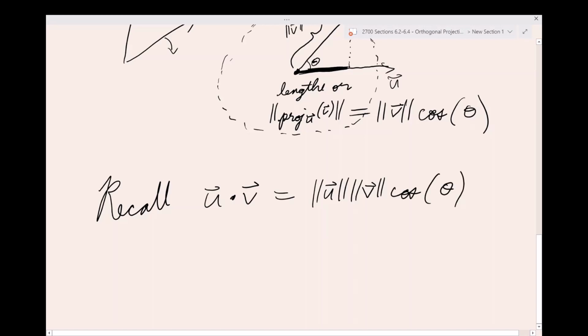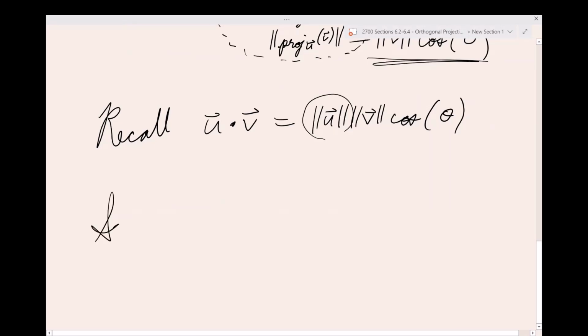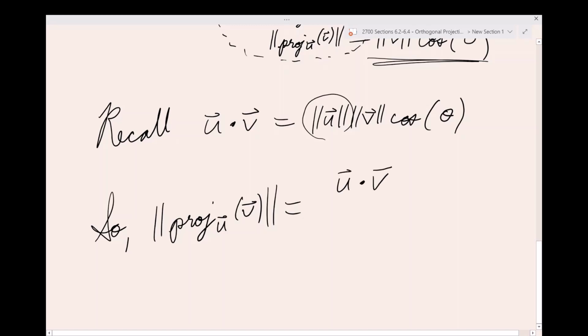So the only thing I'm missing is that magnitude of u here. So what do we have so far? We have that the length of the projection of my v vector onto my u vector is equal to u dot v, except we need to divide off that length of u.